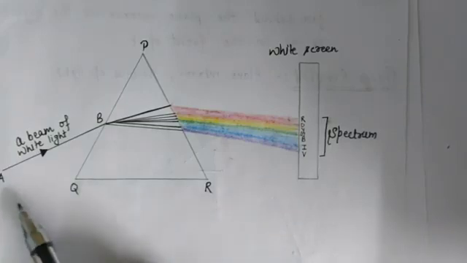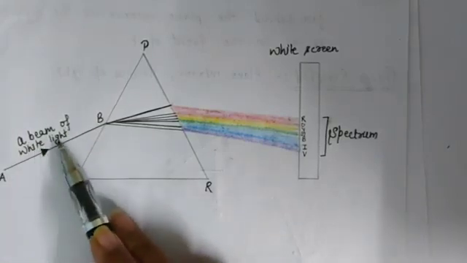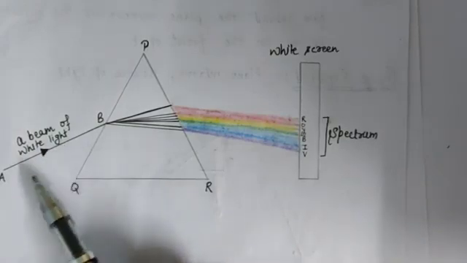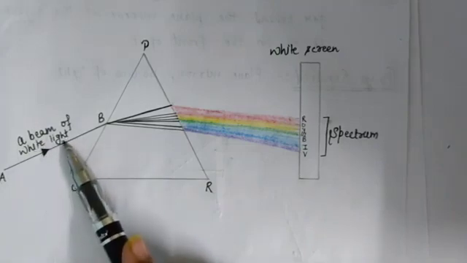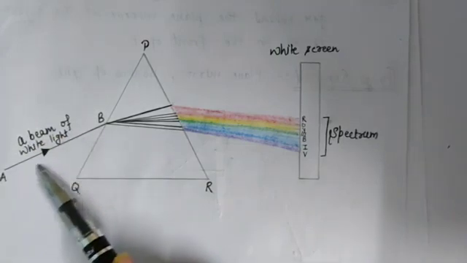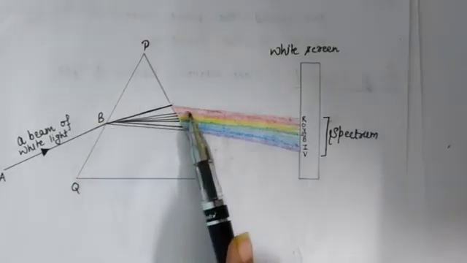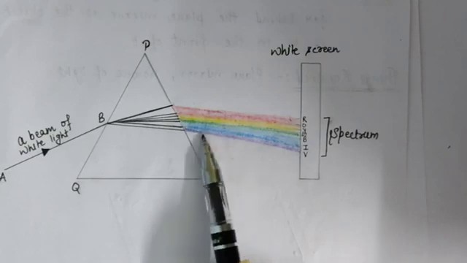When a narrow beam of sunlight or a beam of white light falls on the prism, then it splits into 7 colors.